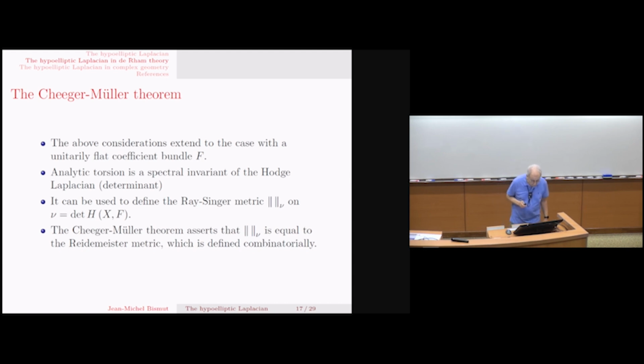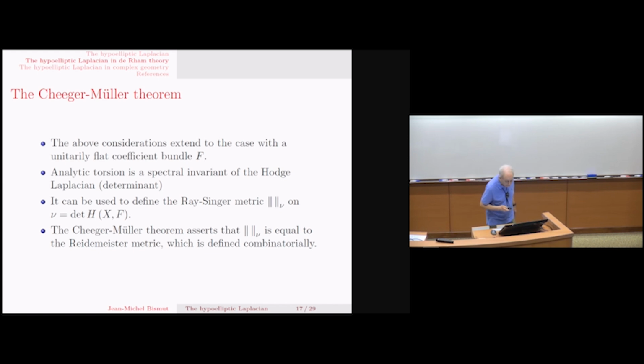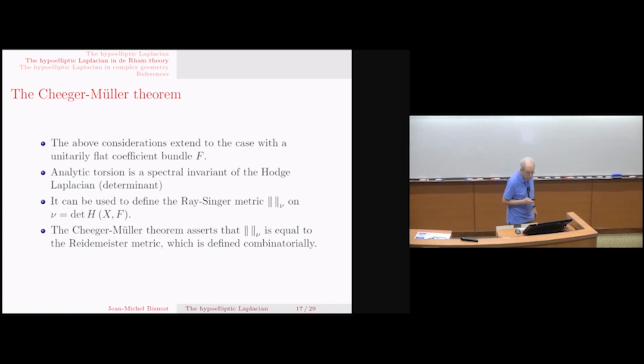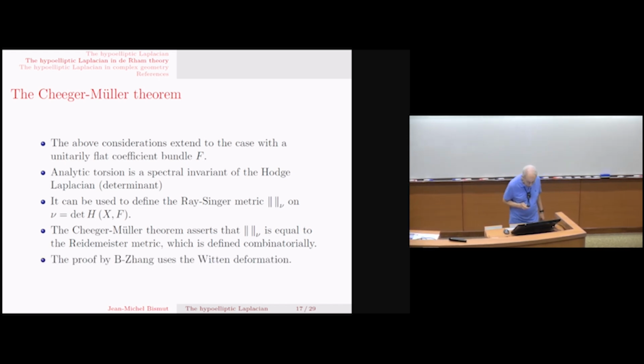So the Cheeger-Müller theorem asserts that this metric that you construct using the determinant of the Laplacian coincides with the Reidemeister metric, which is computed combinatorially. Okay, this is the content of the Ray-Singer conjecture proved by Cheeger and Müller.